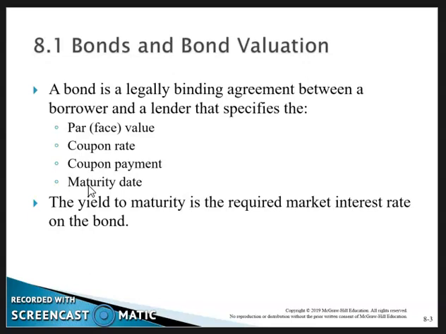There's also a bond function on your calculator as well. If you hit second and 9, that would get you to the bond function. And we can also calculate price and yield using Excel functions as well.